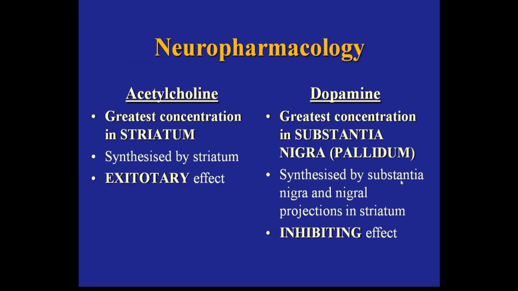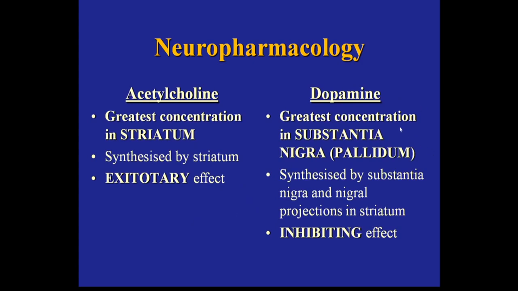Biochemistry or neuropharmacology. It was said these 2 structures, striatum and pallidum, have different neuromediators. Acetylcholine is the main mediator in striatum and dopamine in pallidum. Acetylcholine, greatest concentration in striatum, synthesized by striatum and has excitatory effect.